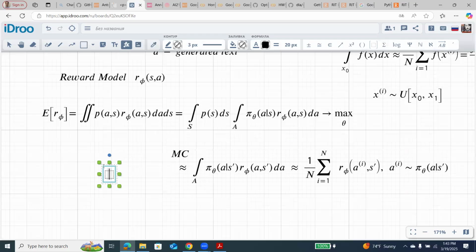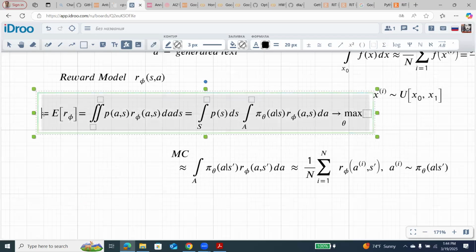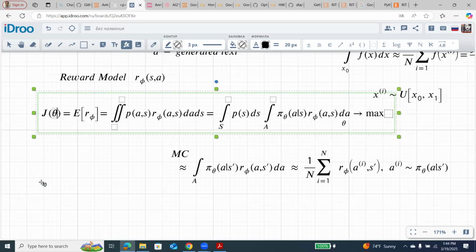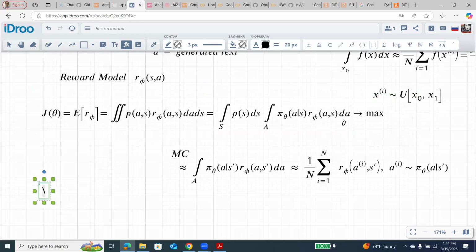Okay, so now we don't have integrals. We have a finite sum. We just need to sample n, generate and run our language model n times. But can we calculate? So the next step, if we denote this function as J of theta, we want to maximize this function.